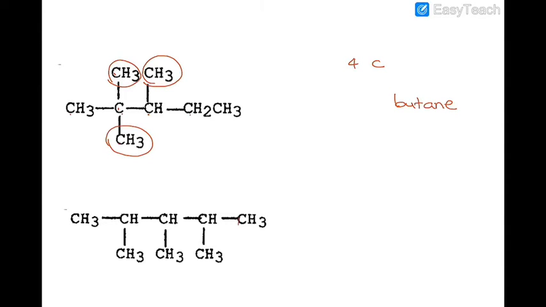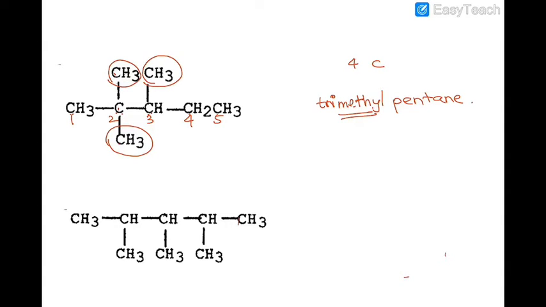So if there's 3 methyls, it's going to be trimethyl. Okay, so trimethylbutane. Sorry, pentane. Sorry, it has 5 carbons. Here, 1, 2, 3, 4, 5. See, you should count very carefully. So trimethylpentane, and we now need to locate these 3 methyls.